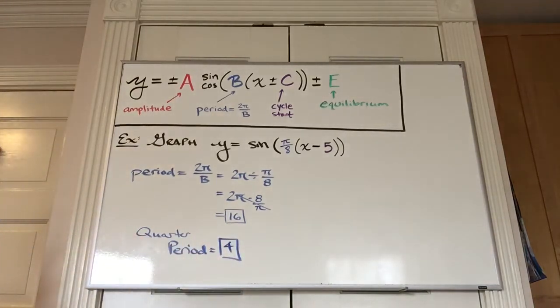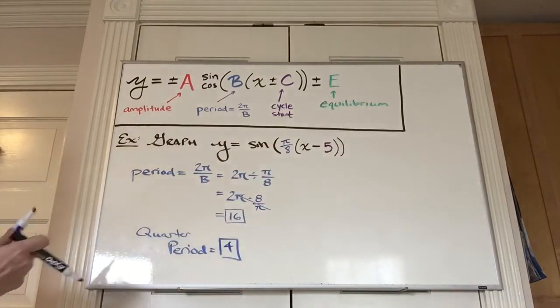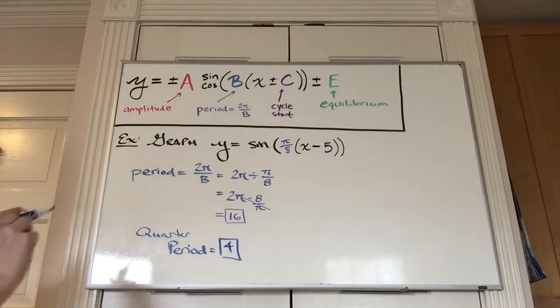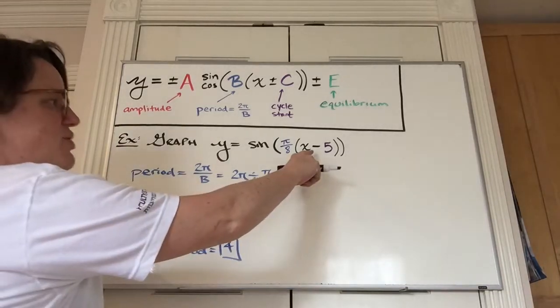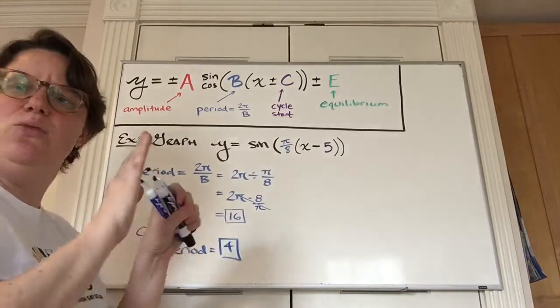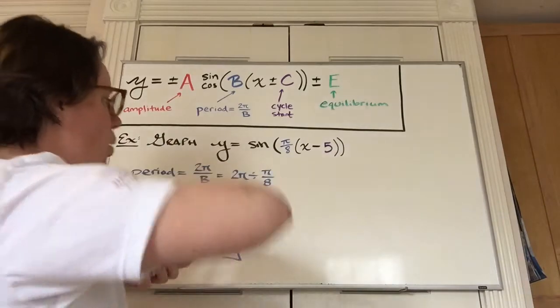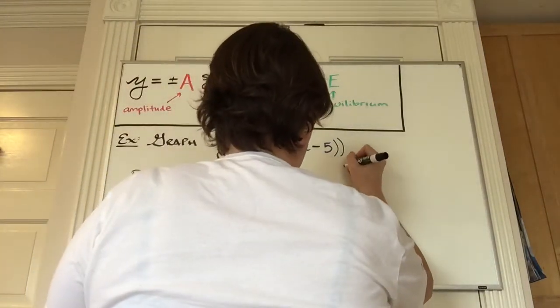Okay, so if I didn't have this x minus 5 business, I would just draw a typical sine wave, but I would make the whole cycle take 16 units. Here's what's a little different here. This graph has x minus 5 in it, which means that the whole sine wave has moved forwards 5. What does that mean in terms of your graph?